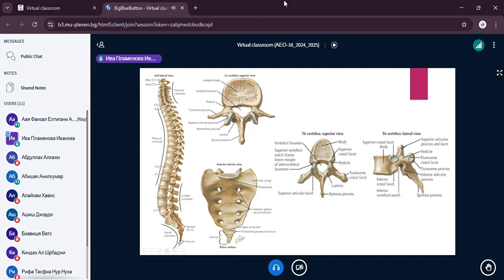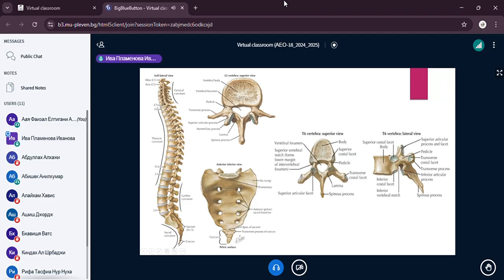And here you can see this one. That's the inferior vertebral notch, for example, of 1, 2, 3, 4, 5, 6. The inferior vertebral notch of TH6 and the superior vertebral notch of TH7 form the foramen intervertebrale.